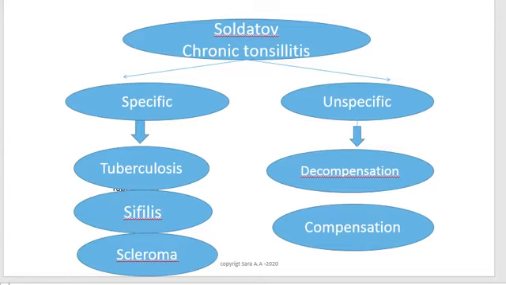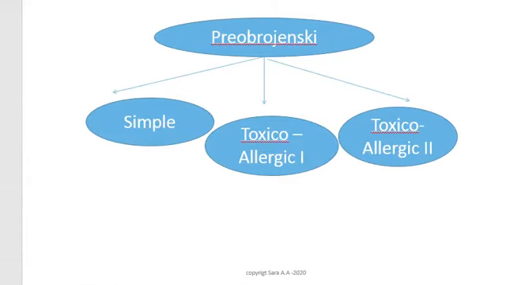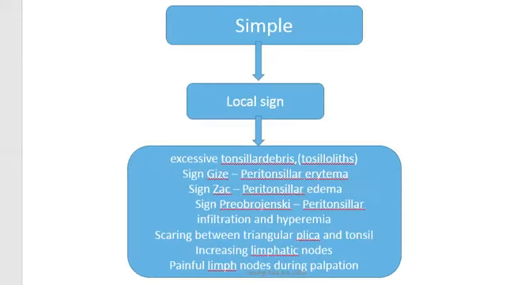In that classification, chronic tonsillitis may be seen during these diseases, but unspecific is divided into compensation and decompensation. But we are using the most accepted classification. It is the Preobrazhensky classification. Preobrazhensky divided it into 3 types: simple, toxic allergic 1, and toxic allergic 2.